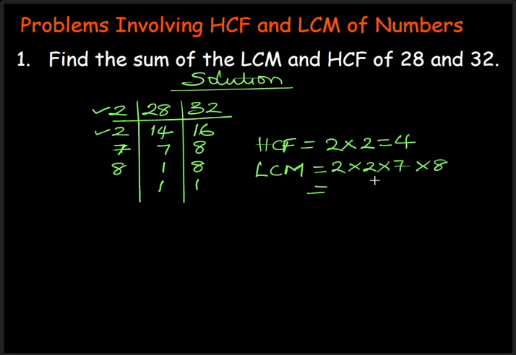So we are looking at 4 times 56. What would that give us? Our answer will be 224. 224 will be our LCM.